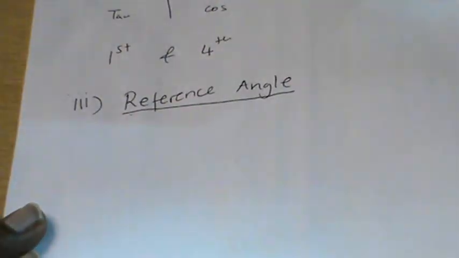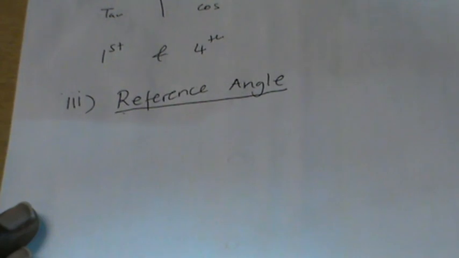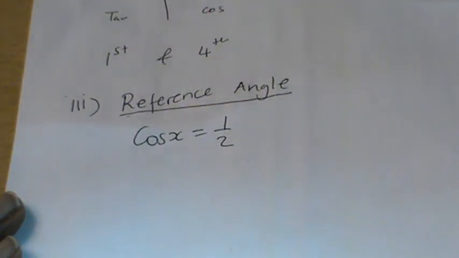Step number 3 was to find our reference angle. So I'll write that down. Number 3 is reference angle. So I have this, cos x is equal to a half.